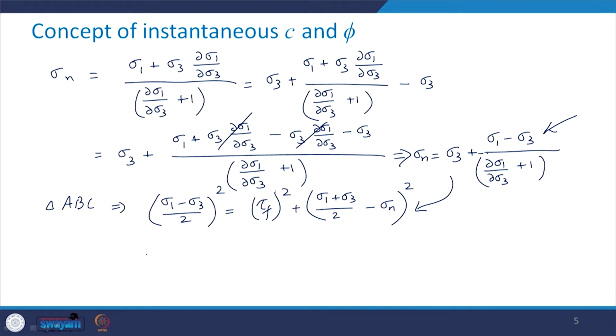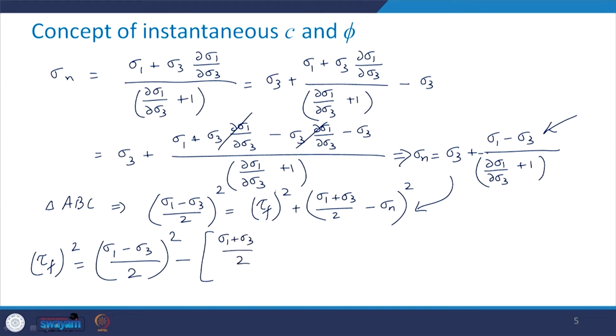What we are going to get is tau f square equal to (sigma 1 minus sigma 3 upon 2) whole square minus (sigma 1 plus sigma 3 upon 2 minus sigma 3 minus (sigma 1 minus sigma 3) upon (del sigma 1 del sigma 3 plus 1)) and whole square of the whole thing.